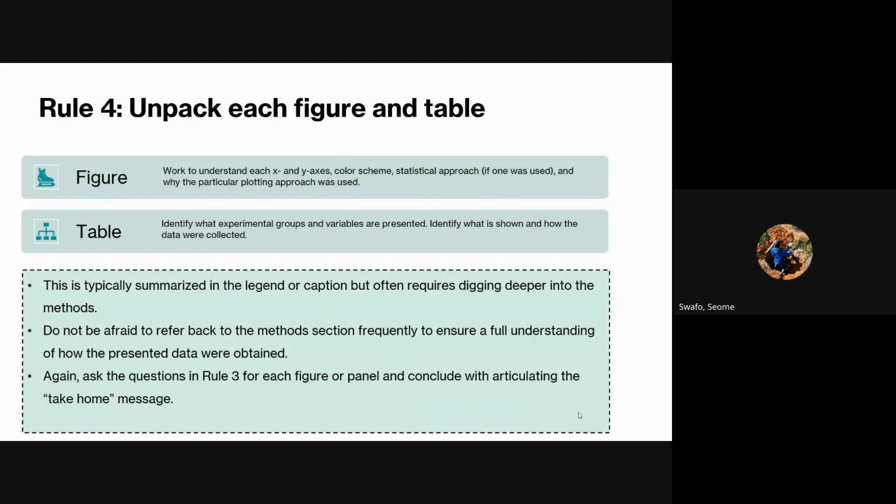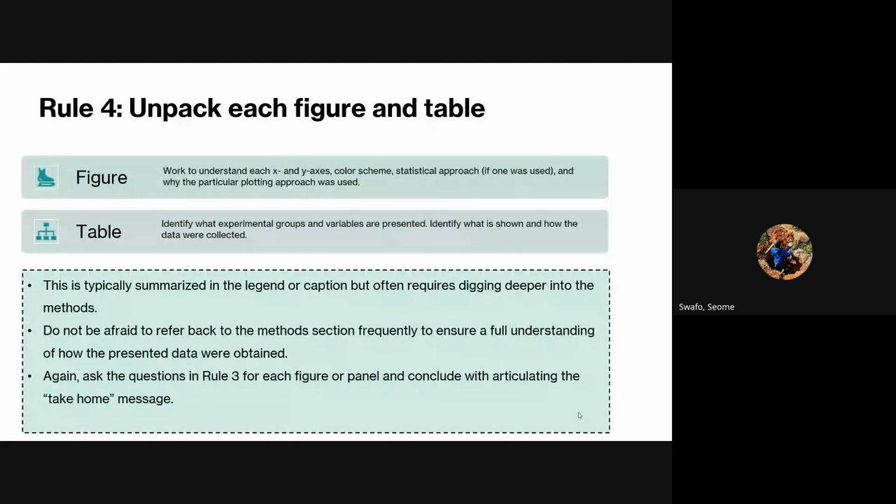But remember, for you to understand that caption and also the legend, if it's there, you need to continually go back to the method section. Remember, the methods and materials are the ones that are going to be reflected in the results. So you need not shy away from continually going back to the methods and materials section, because someone will tell you that they used this statistical approach, maybe they had mean letters, but then they are not represented there.